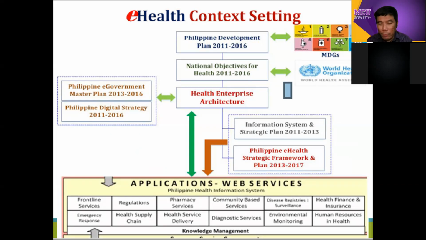During the conceptualization of the framework when it comes to e-health, it started in the Millennium Development Goals. So it expounded into the SDGs until the Philippine Development Plan for 2011 to 2016 set the national objectives for health. And it must be supported by the government.